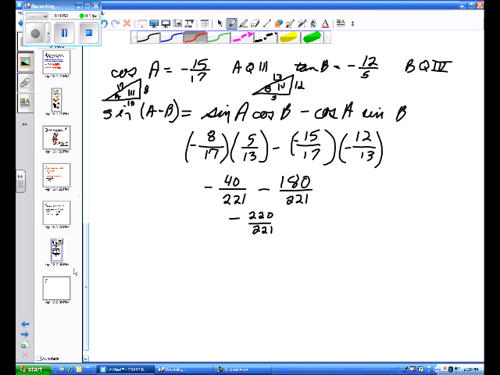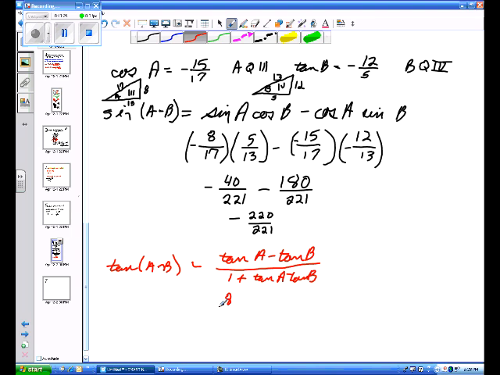Okay, let's take this and let's find the tangent of a minus b. Well, that's the tangent of the first minus the tangent of the second, over 1 plus tangent of the first, tangent of the second.